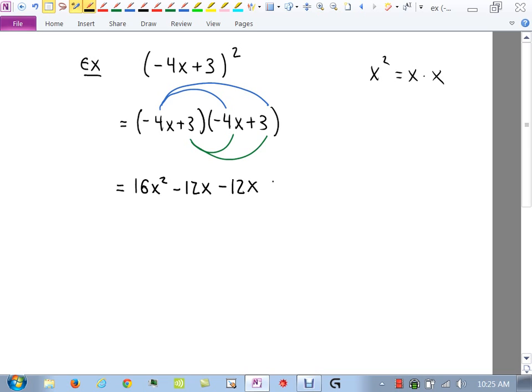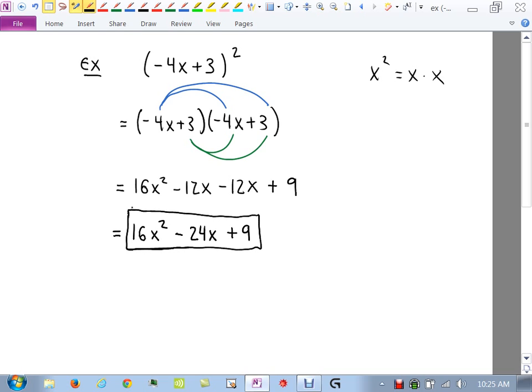And then what's 3 and 3? 9. Man, my computer's really acting weird. Any like terms? The middle two? 16x squared minus 24x, then plus 9. You see that? Okay.